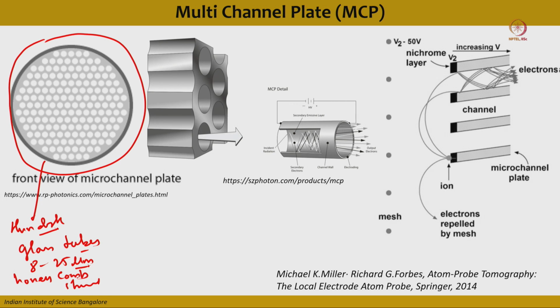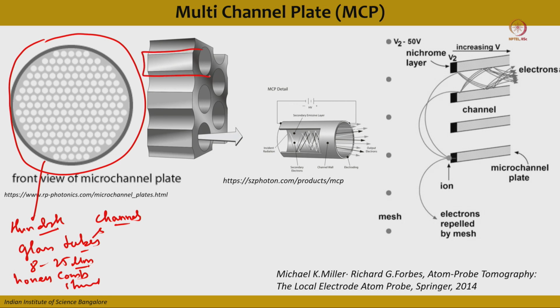So in the right side I am showing you a typical MCP plate, and you can see that it has a hexagonal array of glass tubes, which are typically called channels. So this is a 2-dimensional projection. But in 3 dimensions it is actually a glass tube.